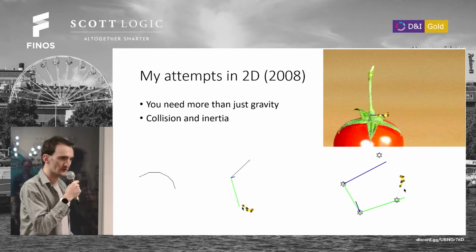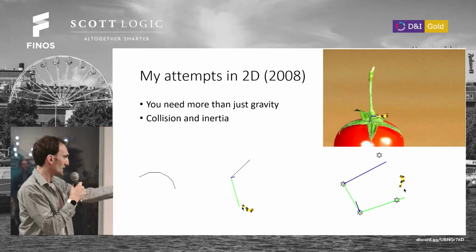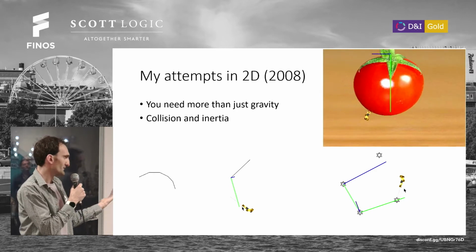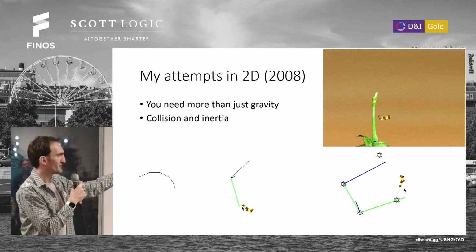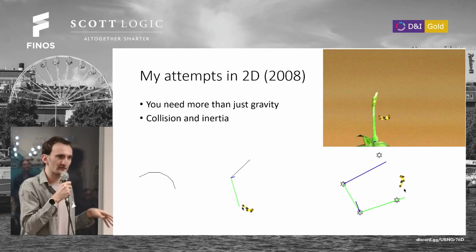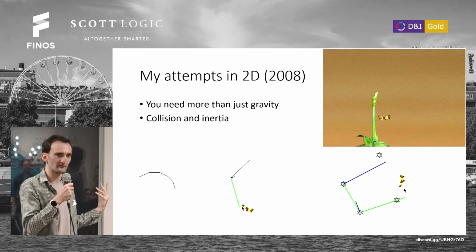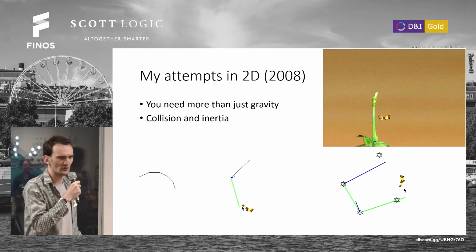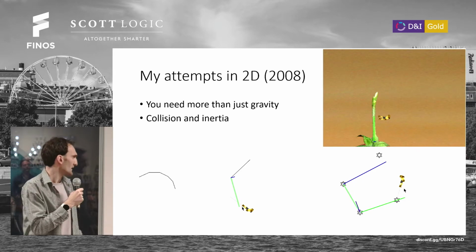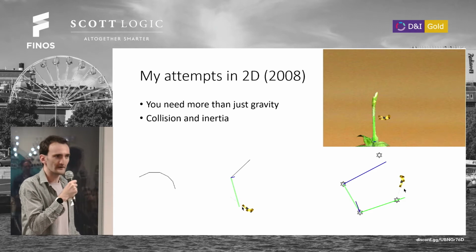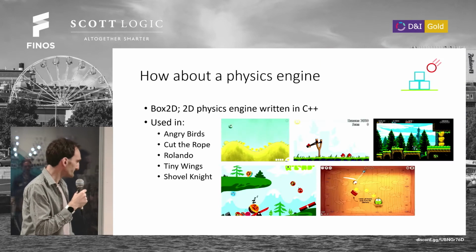But again, still no collision, still no inertia. You can slap some paint on it, but there's problems. So this is with kind of fake collision detection reaction. You just look at the pixels and then there's no bouncing, there's no anything. So it is very limited physicality.